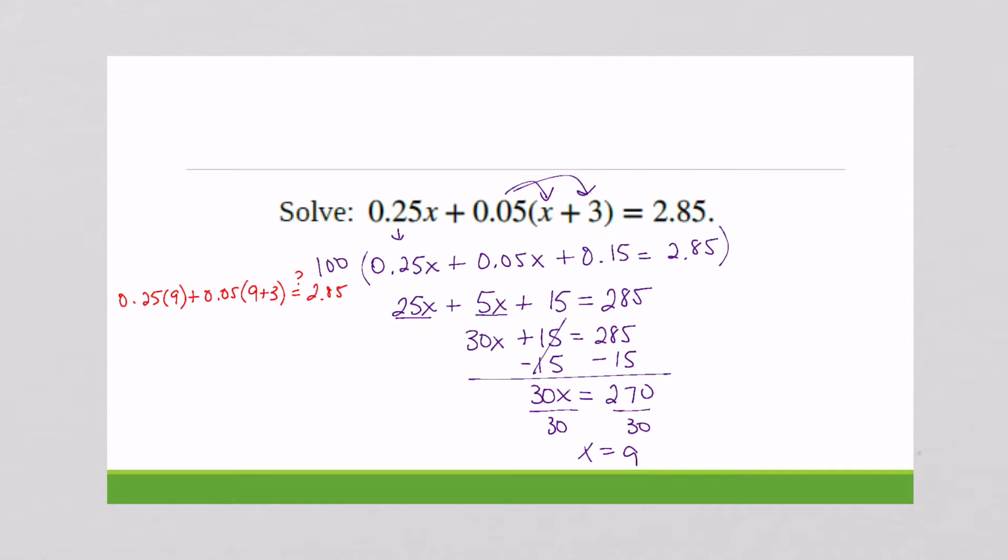So I'm just going to type in that entire left side exactly how I see it. 0.25 times 9 plus 0.05 parentheses 9 plus 3, close my parentheses, and I get 2.85, which equals 2.85, so I know that's correct.